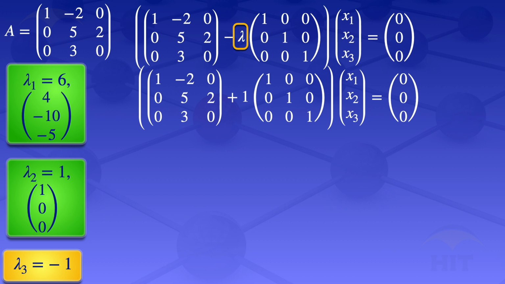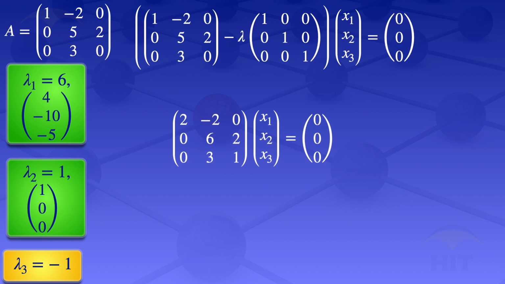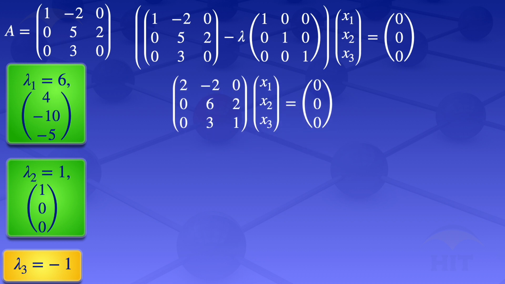So what it will result in there is adding 1 on elements which are on the diagonal of the matrix A. So if we add 1 on the elements on the diagonal of the matrix A, we would have 2, minus 2, 0, 0, 6, 2, 0, 3, 1 multiplied by the vector X is equals to the 0 vector.